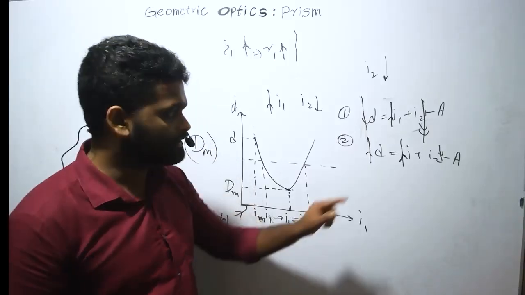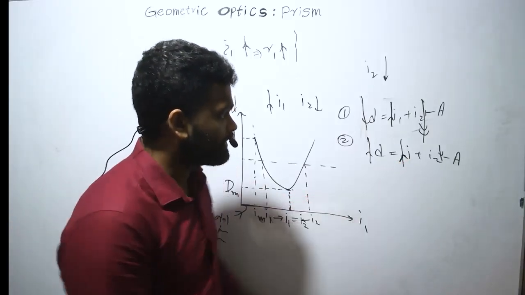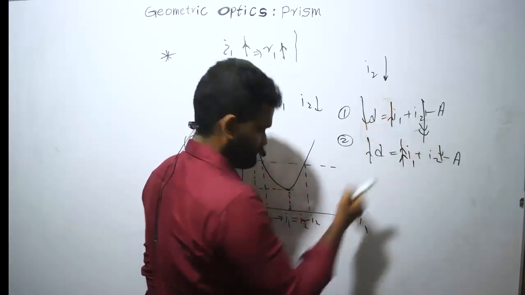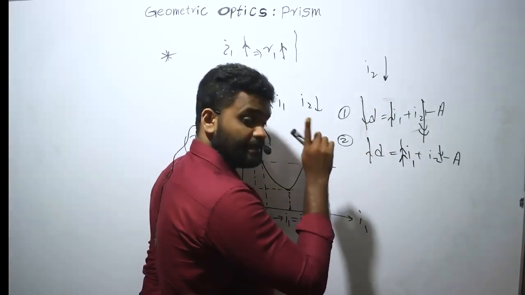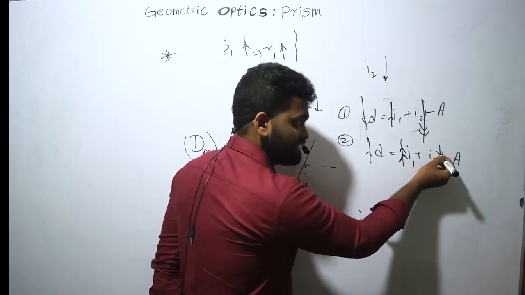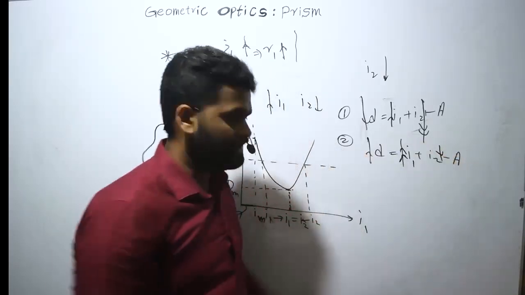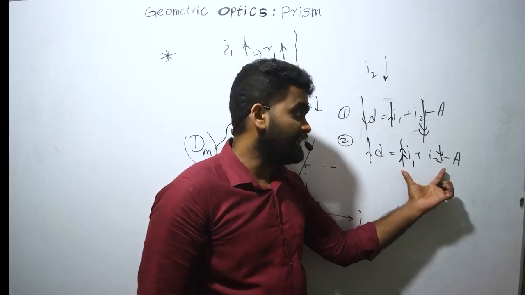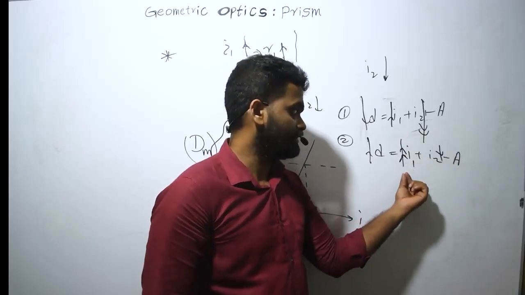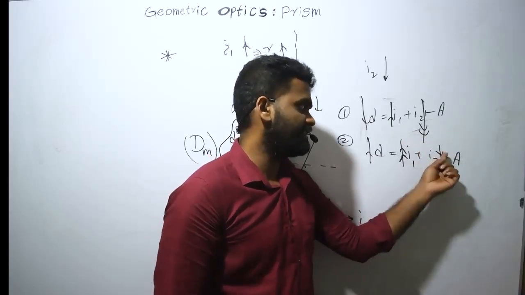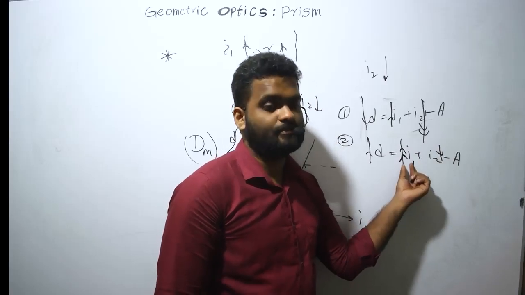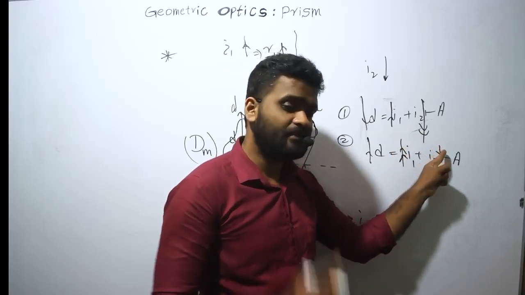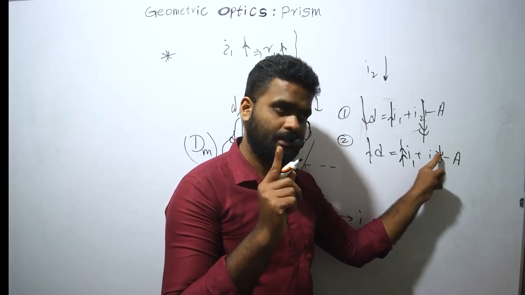After that, what happens? I1 increases further, but the rate at which I2 decreases is less. Understood? So this I1 plus I2 term increases, because let's say this increases by 5 degrees, this decreases by 1, right?